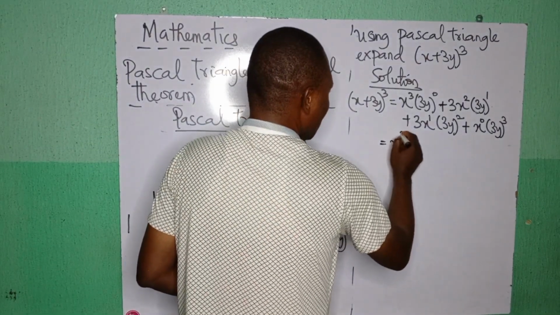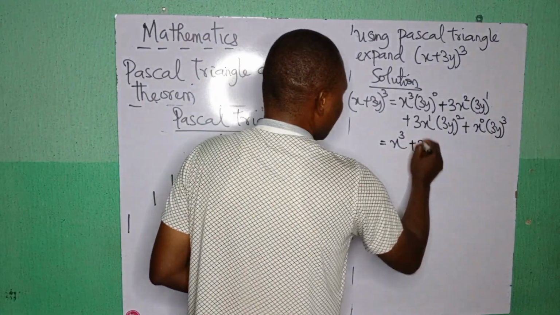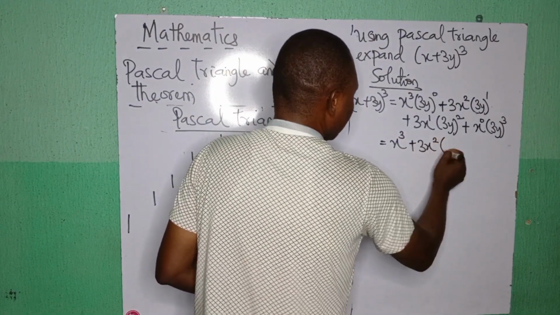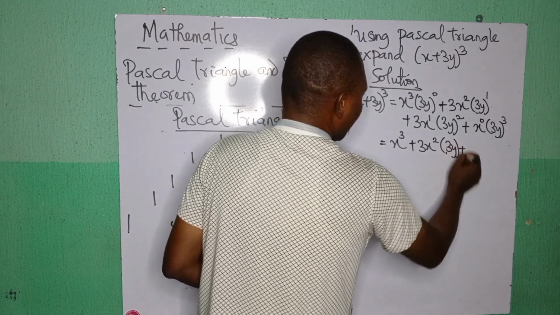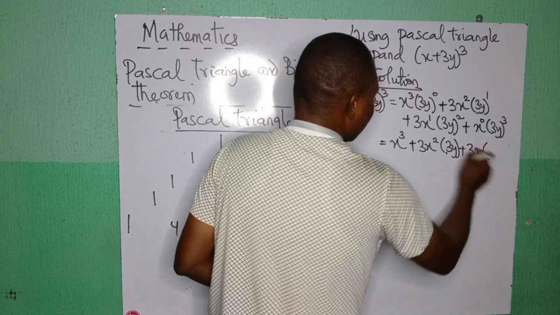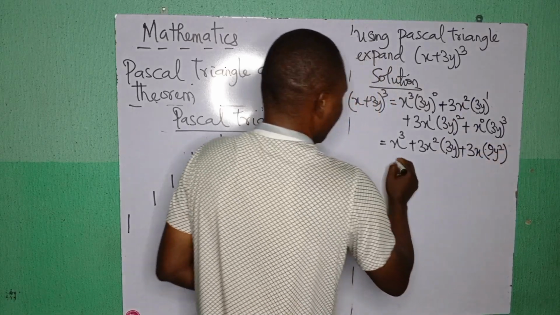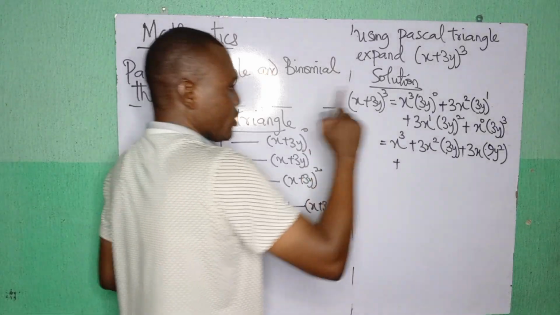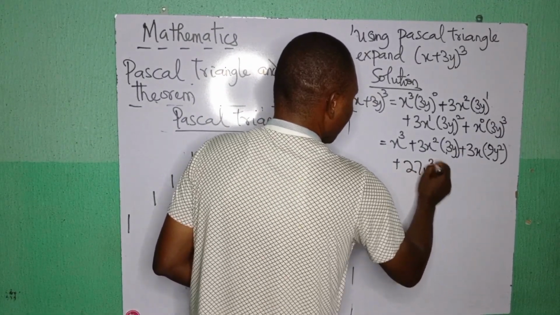I'm having x cubed. 3y raised to the power 0 is 1. Okay, plus 3x squared. 3y raised to the power 1 is 3y, plus 3 x raised to the power 1 is x, 3y raised to the power 2 is 9y squared, plus x raised to the power 0 is 1, then 3y raised to the power 3 is 27y cubed.